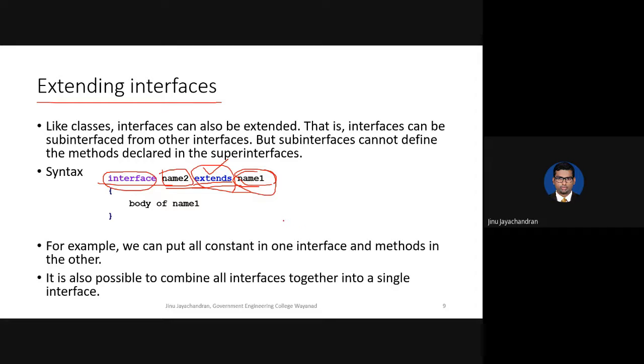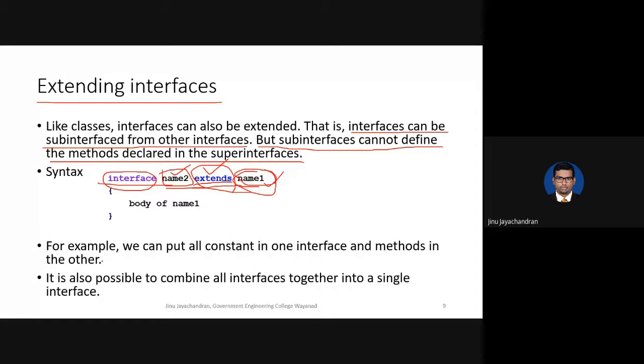In interfaces, we call it extends. Interfaces can be sub-interfaces of other interfaces, but sub-interfaces cannot define the methods declared in the super interfaces. So if you have some method declaration in name 1, you cannot define that same method in name 2.